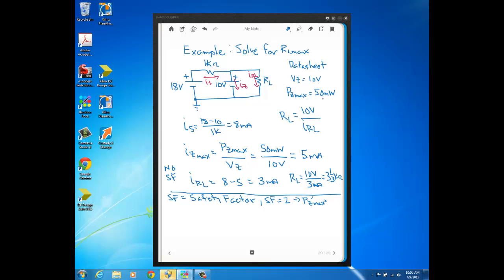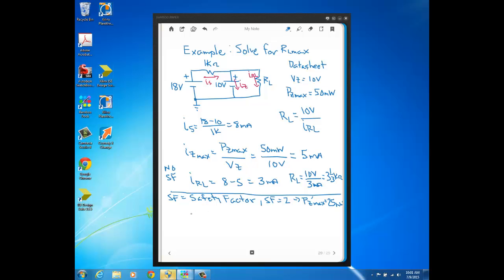Here we used the PZ max right off the data sheet of 50 milliwatts. If we have a safety factor of 2, we just take that data sheet PZ max and divide by the safety factor, and now we would use a PZ max of 25 milliwatts.